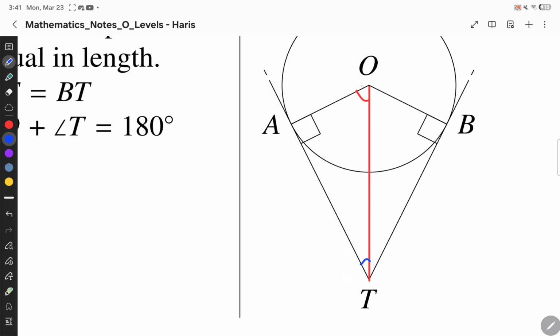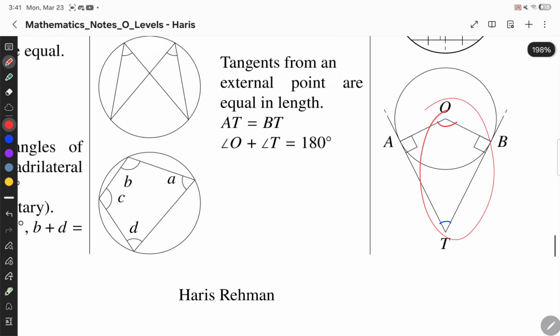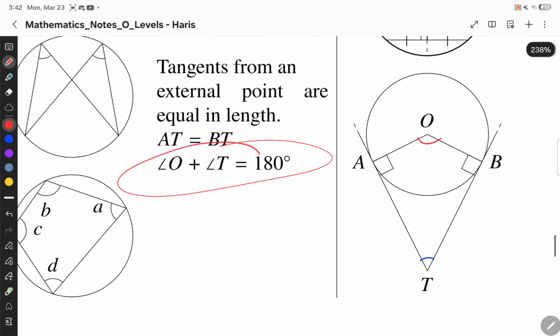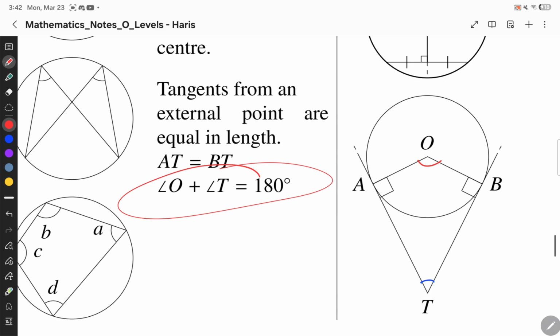Since these two triangles are congruent, these two angles add up to this entire red angle, and opposite to it, these two blue angles add up to this big blue angle. And so this is how OT being equal to 180 is shown.